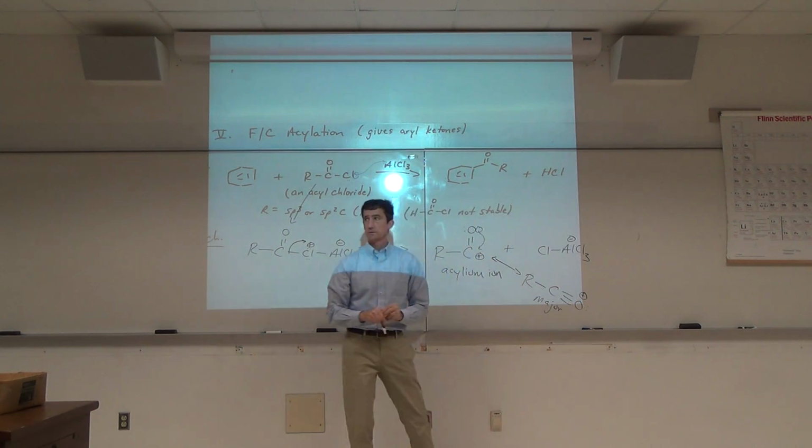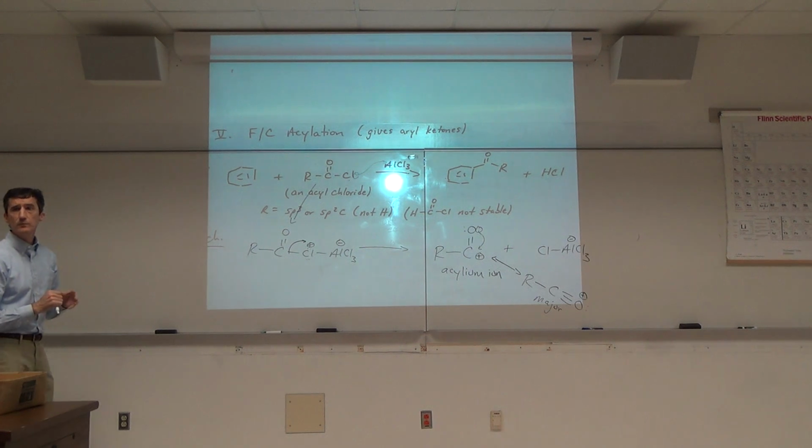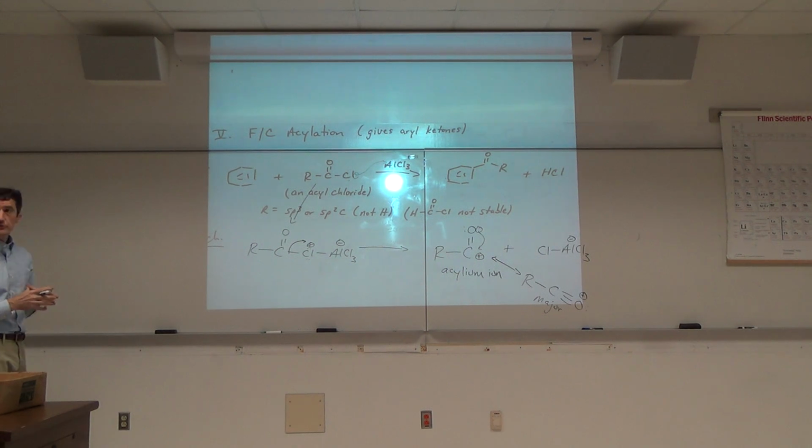That one, or bonds. Okay? But we showed that stuff right there in Organic 1 when we did acylium in mass spec. So this is a way to form acylium ions in the lab in your reaction flask. Acid chlorides.